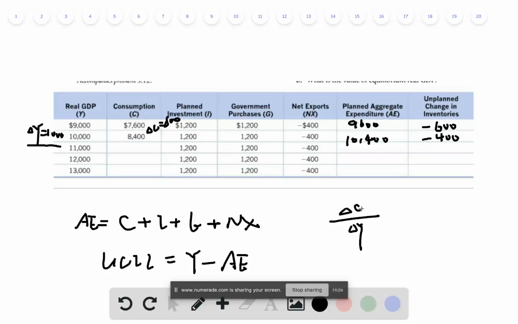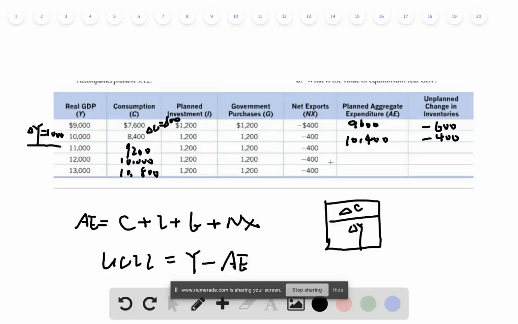Because the marginal propensity to consume is always a constant, definitely we know that for the third one here, it should be 9,200, because the change in consumption here must be 800 also. And same thing for this one, it should be 10,000, also an 800 difference in consumption. For this one it is 10,800.